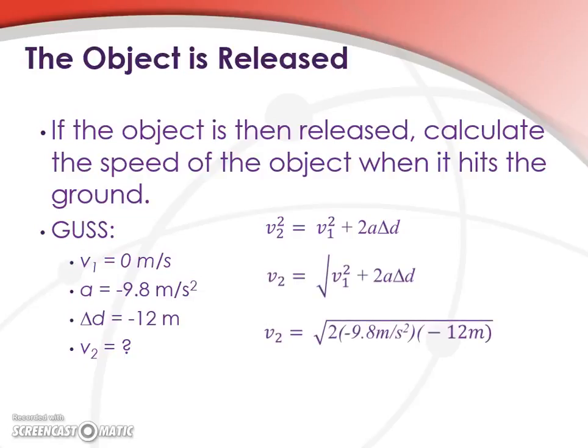We can rearrange our standard equation to get v2 equals 2 times negative 9.8 meters per second squared times negative 12 meters. And again, fairly simple algebra, and we wind up with our velocity equals 15 meters per second.